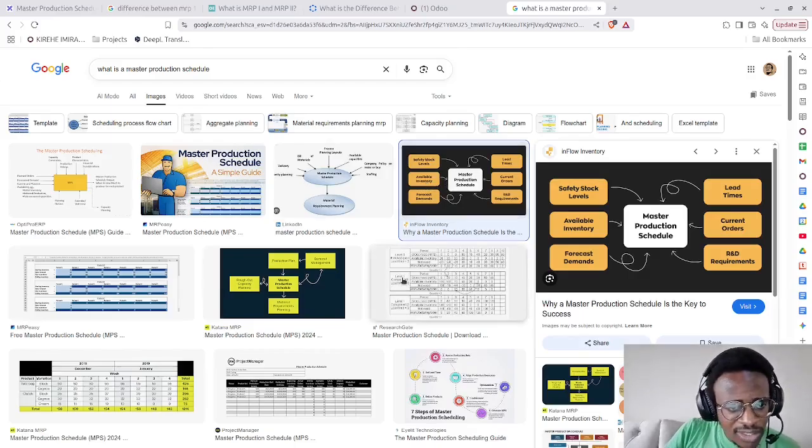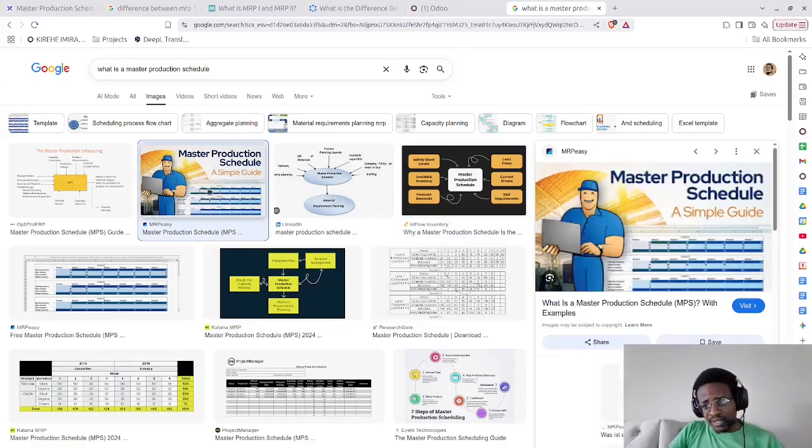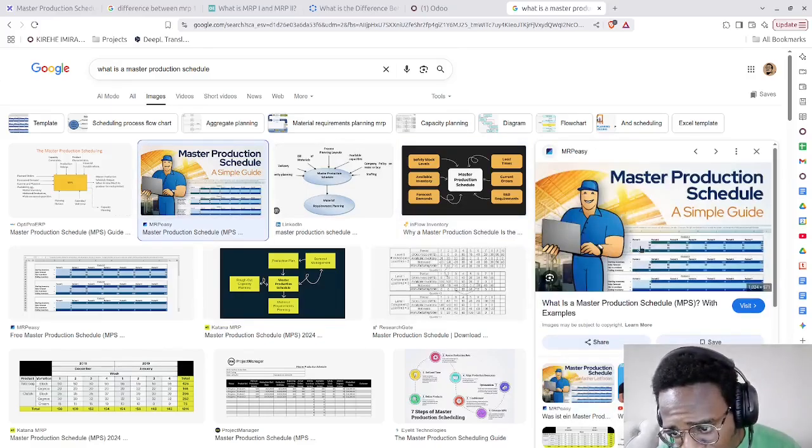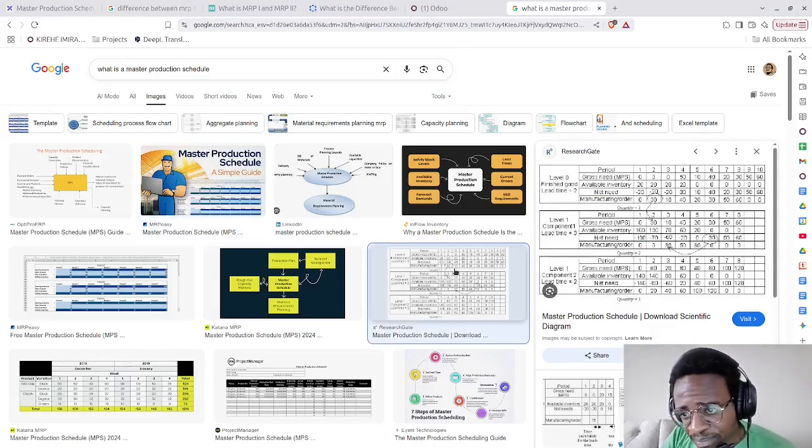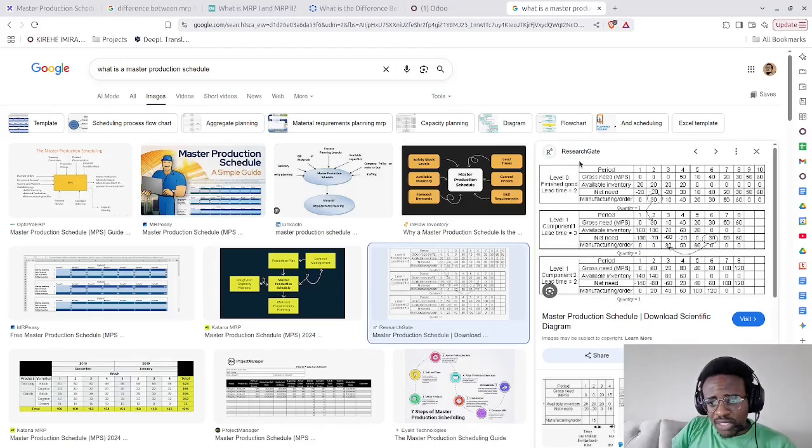Okay, let's look at something else. Let's look at the simple guide. So you can see there's a table, but it is not very visible. So let's look at something that's visible. Yep, that looks good. So basically tells me that an MPS can have levels.